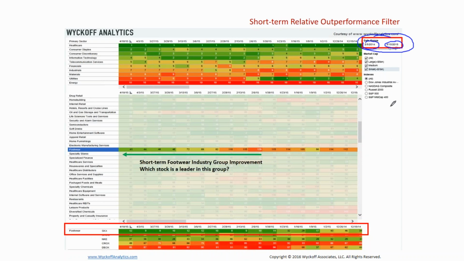So in the last year, I'm saying, show me the outperformance, and footwear definitely has a lot of rotation recently in this area, in this time period. And out of those, I want to look at the leadership, and the first stock that comes up as a leader was Skechers. And obviously Skechers had quite a significant move after that.